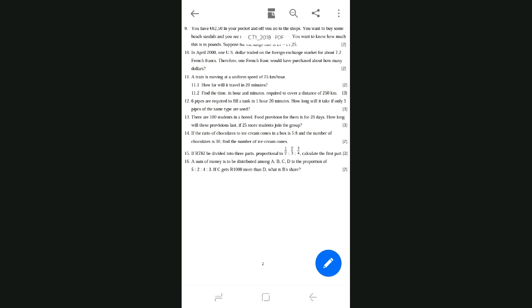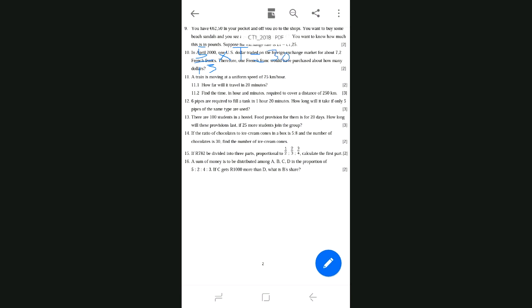So ratio of chocolates to ice creams. That means that 5 is to 13 times the total number of things in the box is equal to 30.